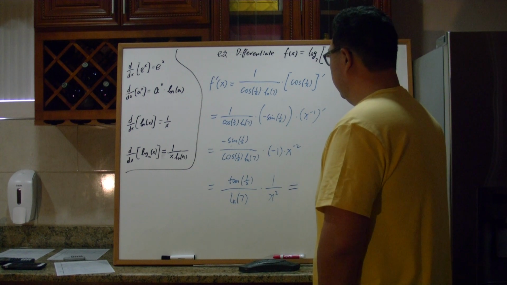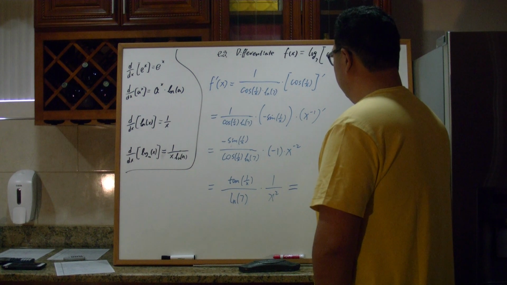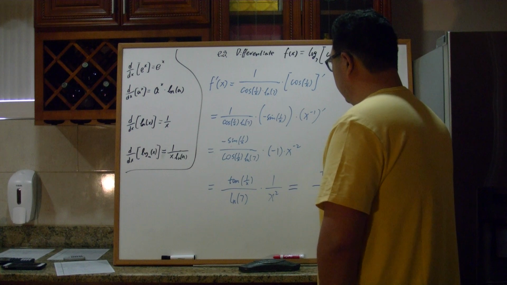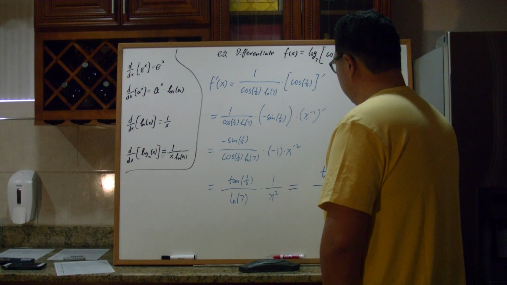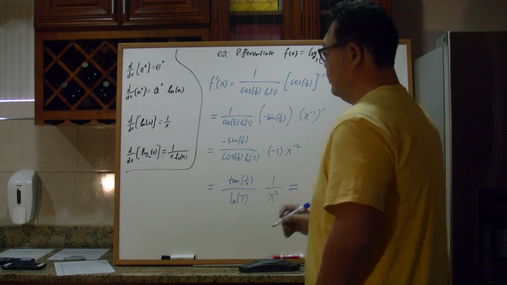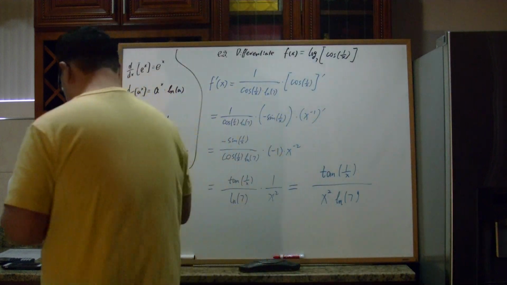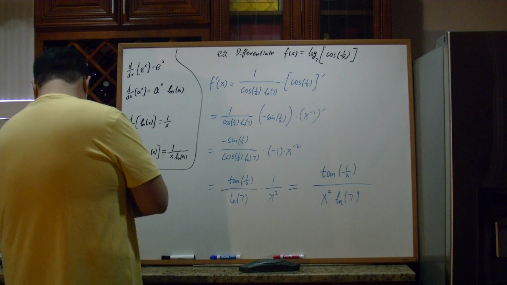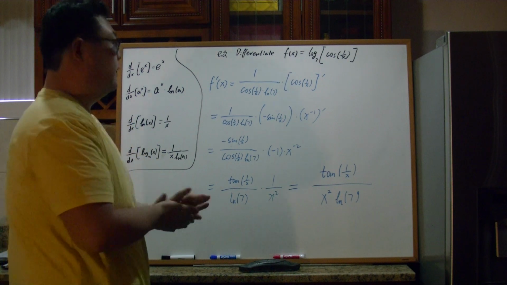That we get at the end is tangent of 1 over x over x squared natural log 7. Right, that's the expression we have.